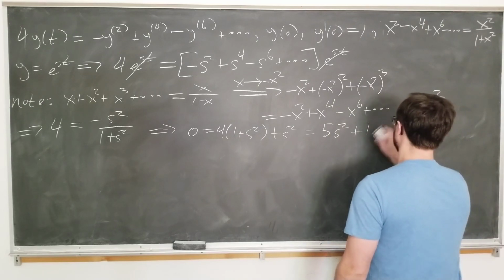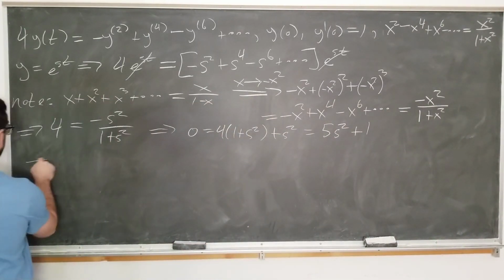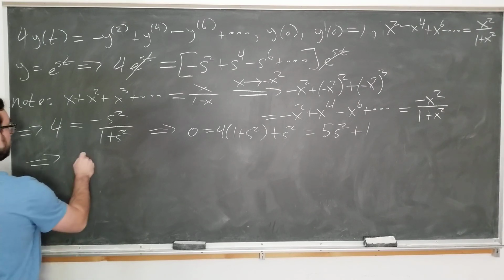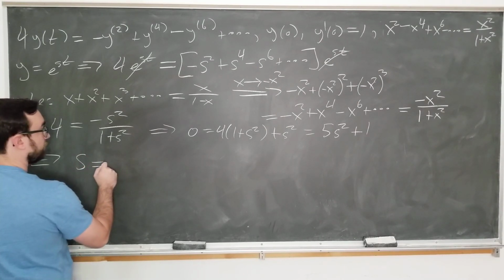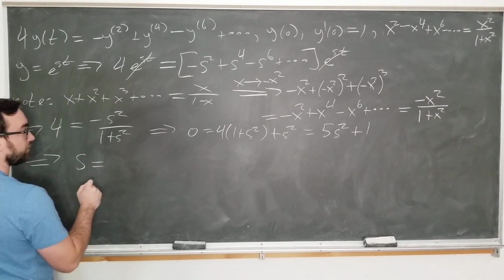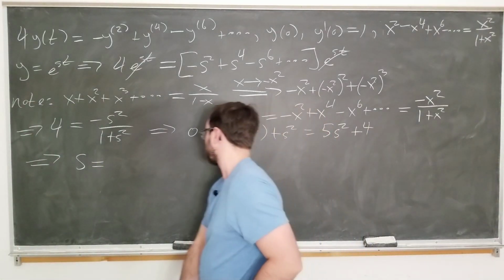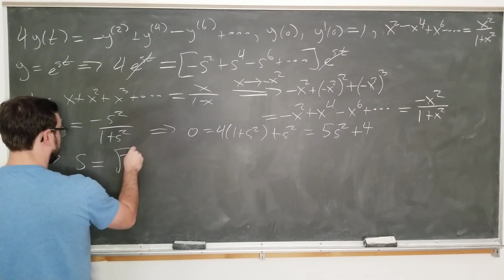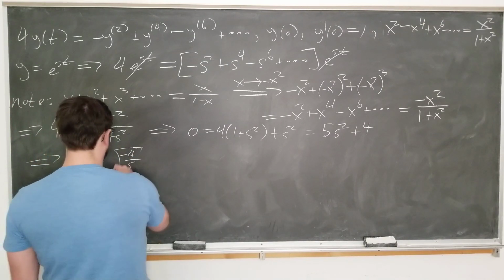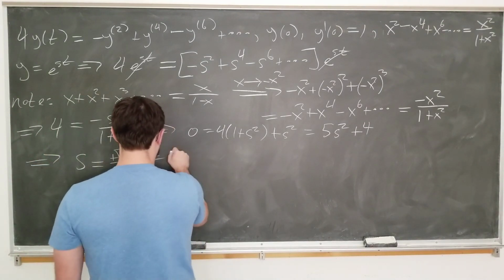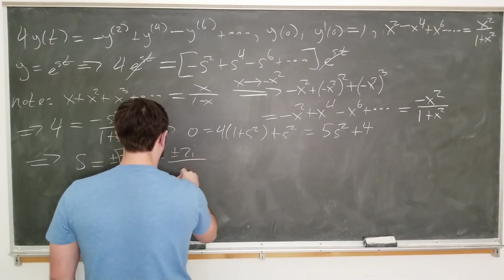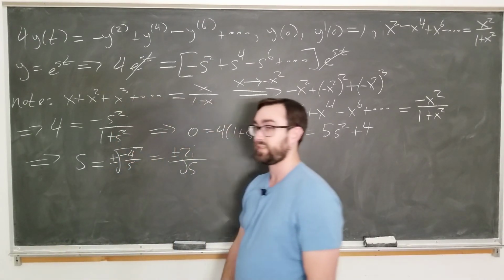Okay, we have s is equal to the square root of minus 4 over 5, which is plus or minus 2i over square root of 5. This is a solution.